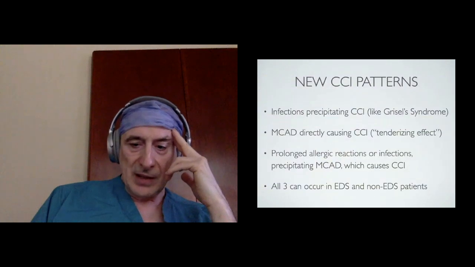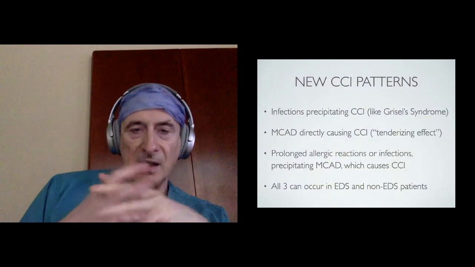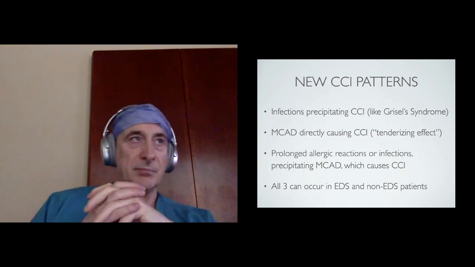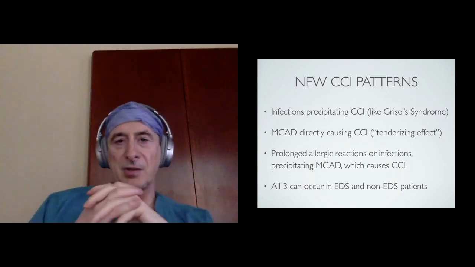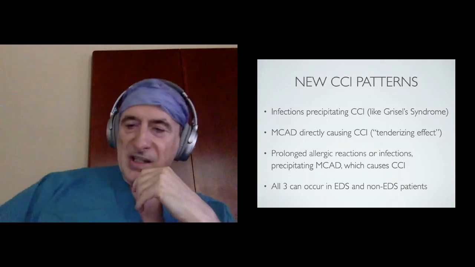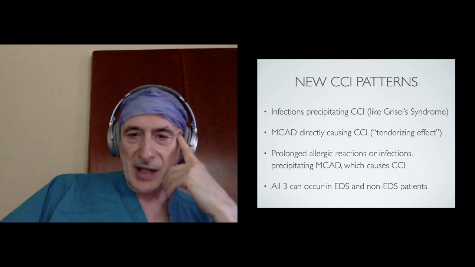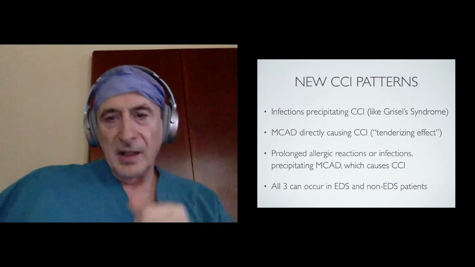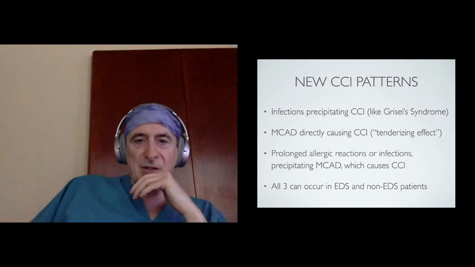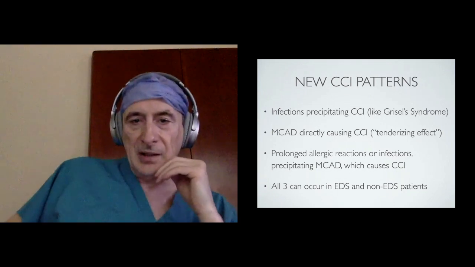Now, what has changed our opinion recently is that we identified new cranial-cervical instability patterns that formerly we were unaware of. We knew about something called Grisel syndrome, which happens in kids when they have ear or nose infections, and the infection through a venous network can affect the cranial-cervical junction.